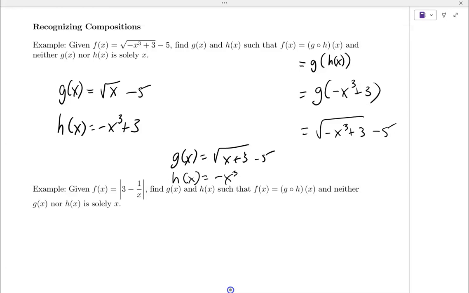We could have also done, like I said, there's no one right answer here. What if I let the g be negative x plus 3 and then minus 5 on the outside? What would your h of x be? X cubed, because I already have the negative in there, right?